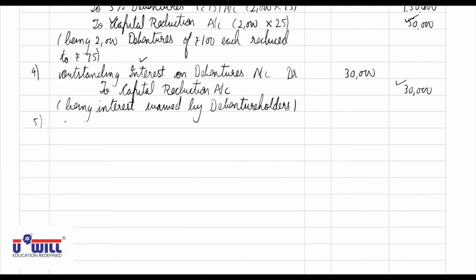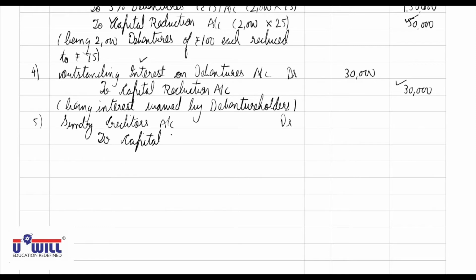So fifth entry would be sundry creditors account debit to, now what they sacrifice will be transferred to capital reduction account.